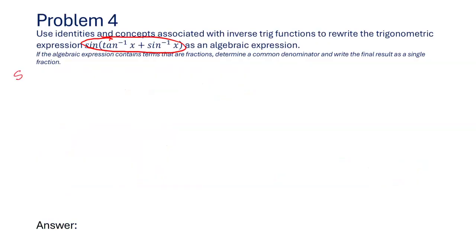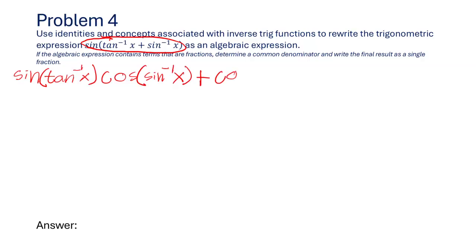That is the sine of the first thing, which is the arctangent, times cosine of the second thing, which is arcsine, plus cosine of the first thing, which again is arctangent, times sine of the second thing, which is arcsine.